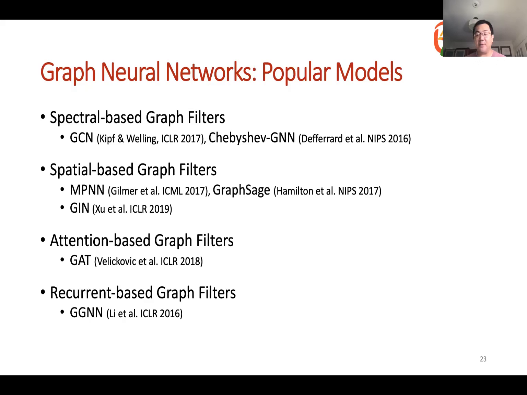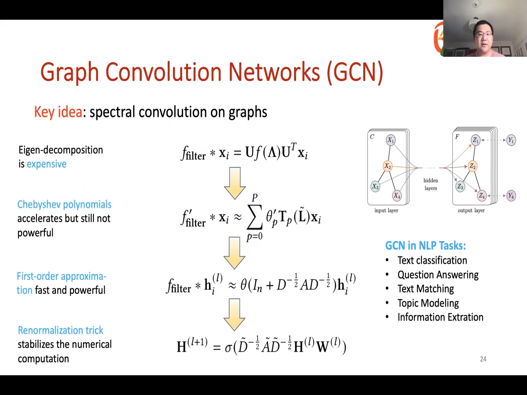Here we have the message passing neural network, GraphSAGE, and recently GIN. The third popular group is called the attention-based graph filter. The most representative method is the GAT method, the graph attention network. And finally, there is the recurrent-based graph filter. The representative method is gated graph neural nets. This is actually the first modern graph neural net that was developed in the literature.